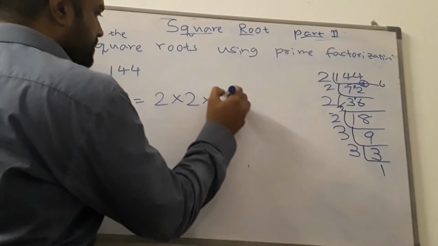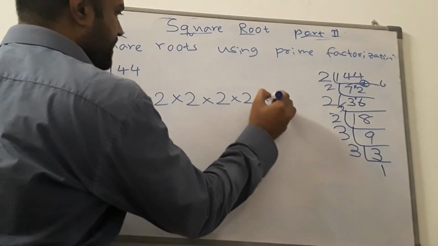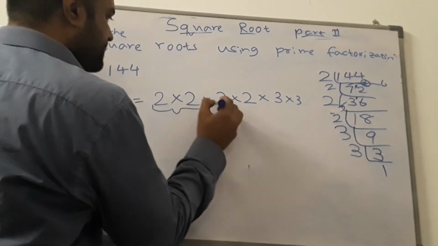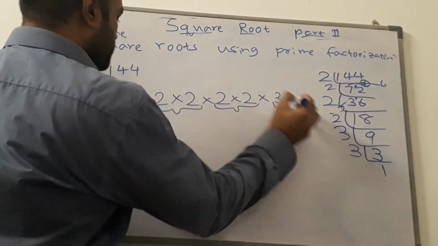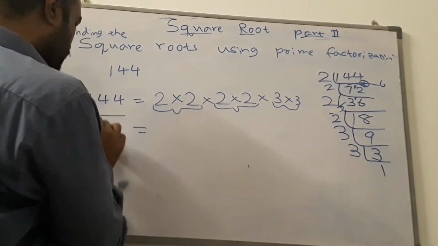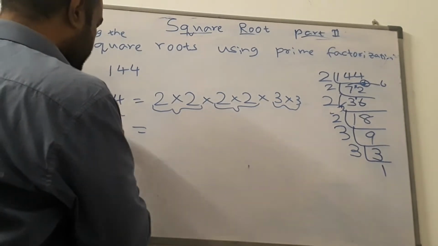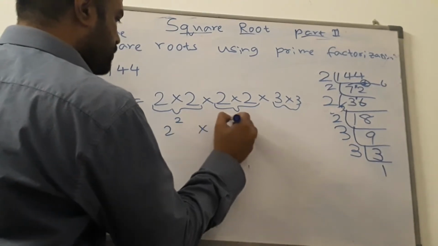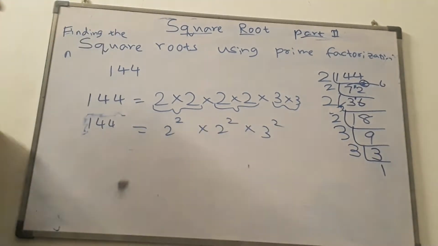Now we can write 144 as a product of prime factors: 2 times 2 times 2 times 2 times 3 times 3. Now I am going to pair these like this. So 144 can be written like 2 squared times 2 squared times 3 squared.